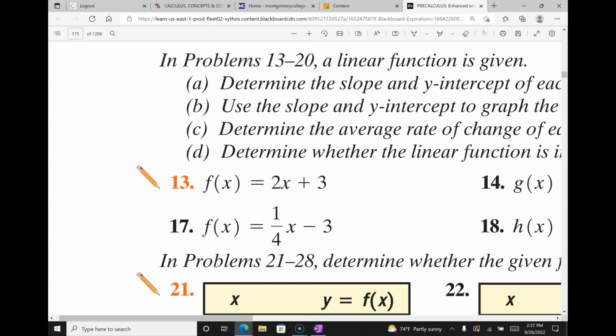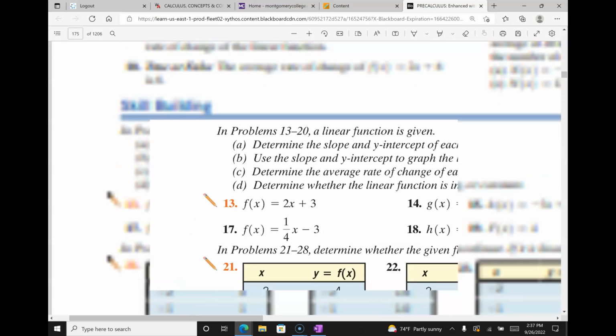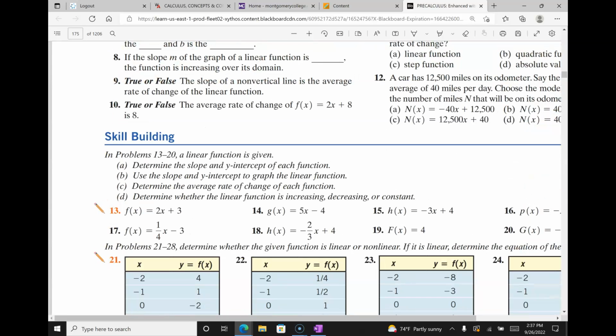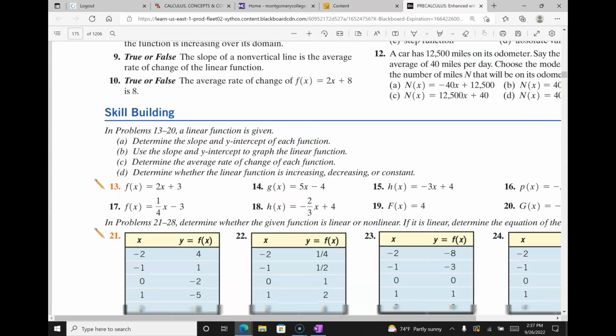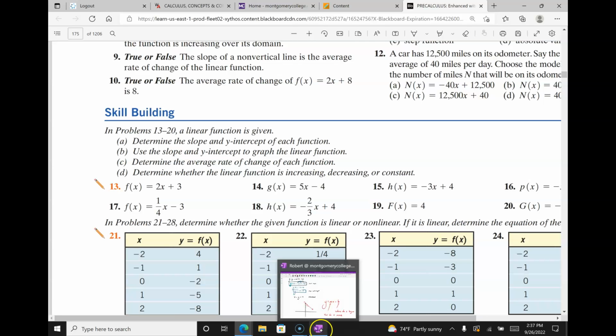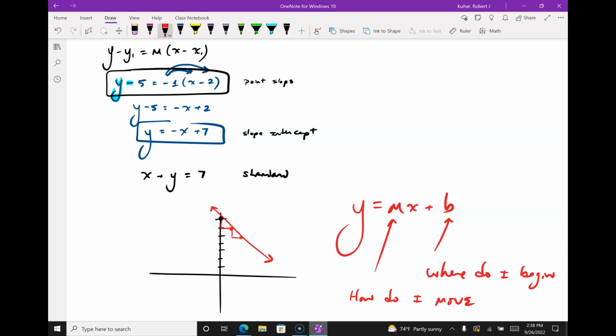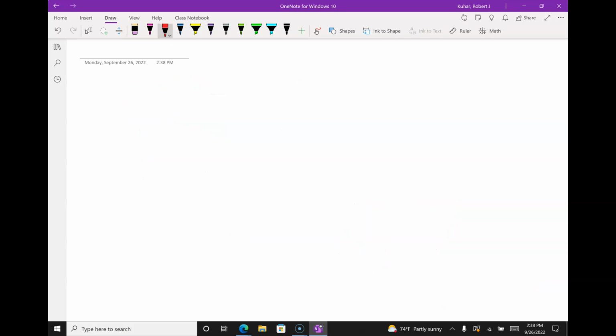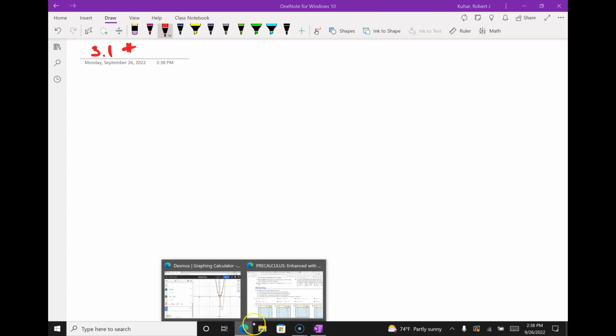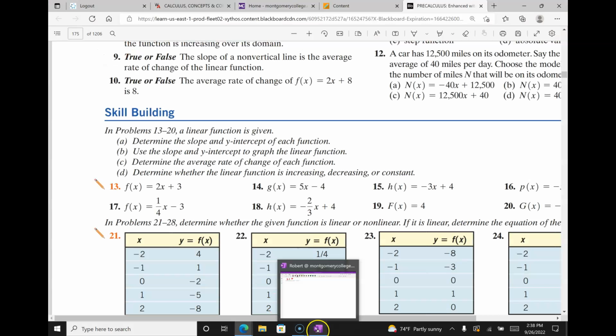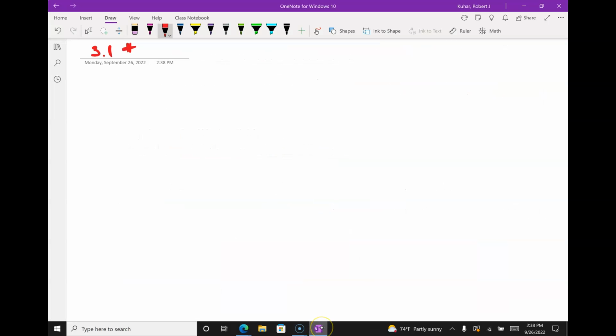Use the slope and the intercept to graph. Determine the average rate of change, that's stupid. And whether it's increasing or decreasing, also stupid, right? So y equals 2x plus 3. Number 13, 2x plus 3.